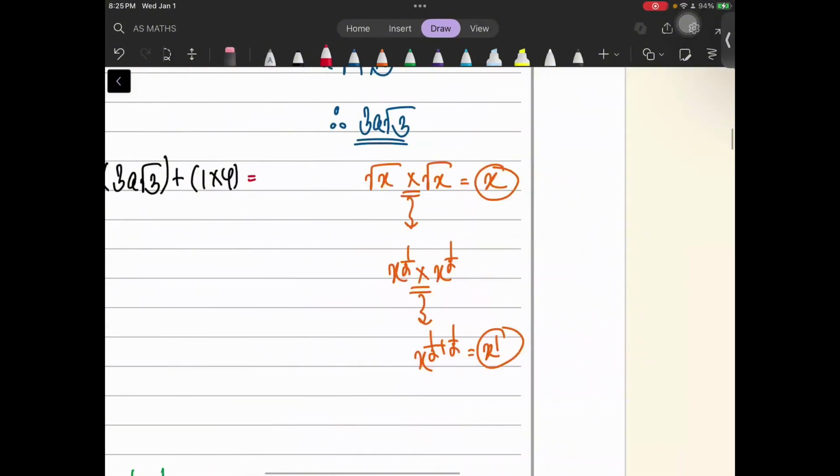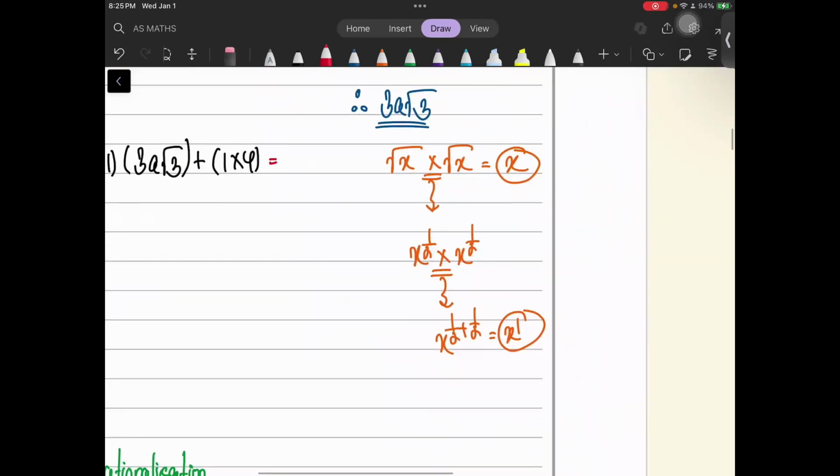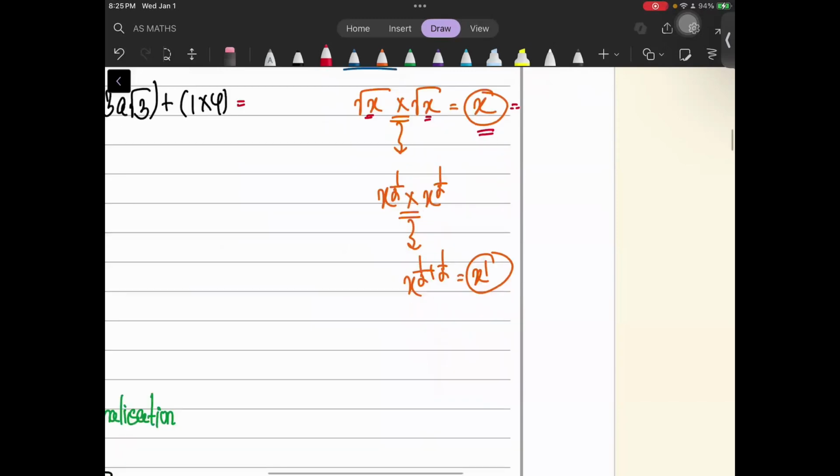But before I start, let me give you an idea of something. If you multiply the square root of something with the square root of something else, you get the number that was inside that square root. For instance, here I inserted x, and here there is this x as well. The product of these two is going to be x. What do you understand about square root? Square root denotes a value of half, so it is x to the power half.